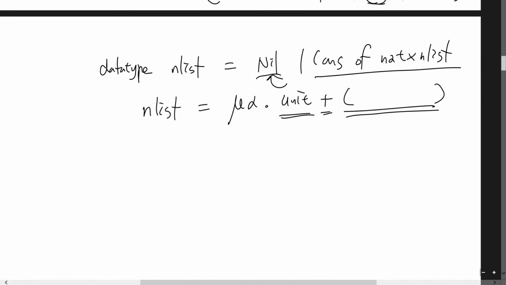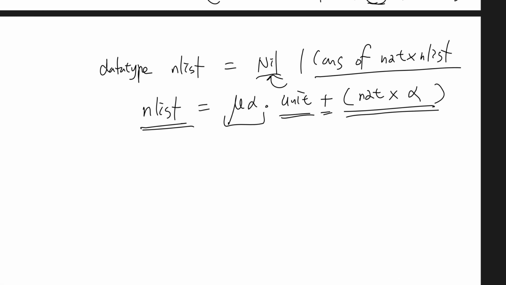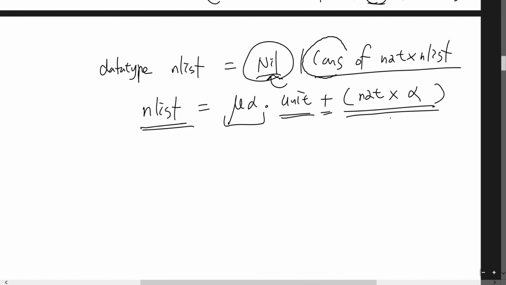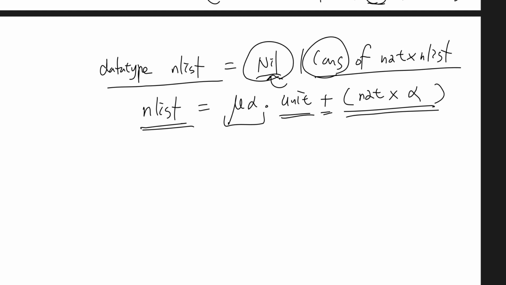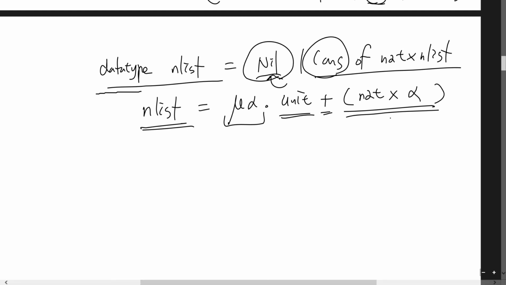In this case, you have to provide a natural number paired with natural number list. But we don't write natural number list because we are inside this mu notation, so it is alpha. And similarly to the case of recursive type NAT, you can implement nil, cons, and the pattern matching on natural number list. So this is how you actually implement the recursive types.